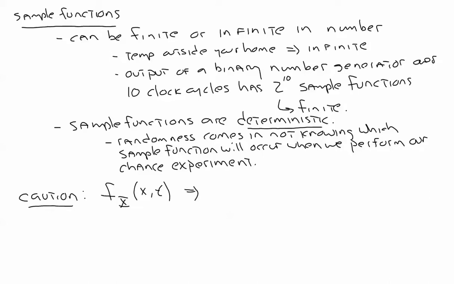This function, the PDF as a function of time, is known as the first order probability density function. Strictly speaking, to properly and fully describe a random process, I need higher order: second, third, fourth, fifth, infinite order probability density functions.